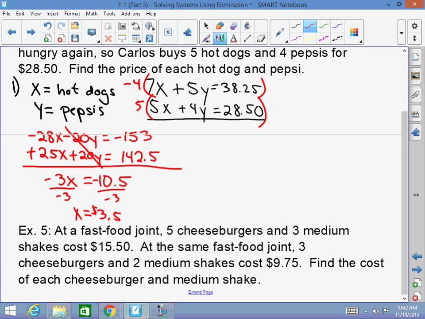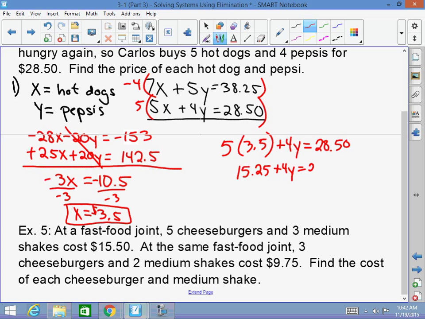So we know that the hot dogs cost $3.50 each. Now that you have the hot dog cost, plug that in to find y. So 5 times x, which is 3.50, plus 4y equals 28.50. This is 15.25 plus 4y equals 28.50.